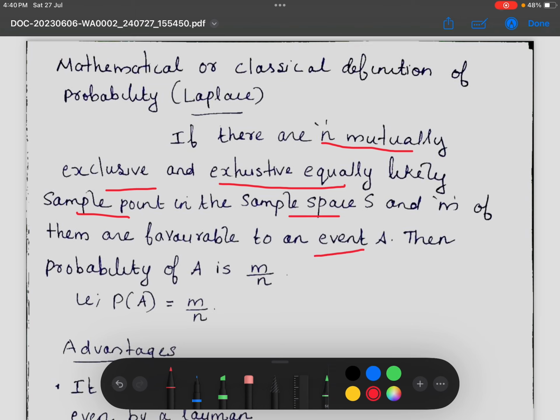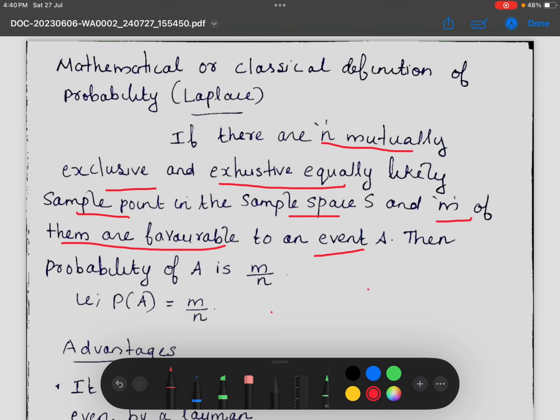Let A be the event, and m of them are favorable to the event A. Then the probability of A is m by n. That is, P(A) = m/n. This is the mathematical or classical definition of probability.